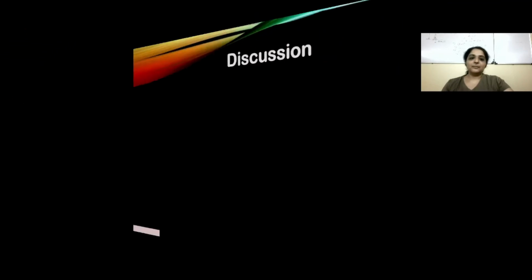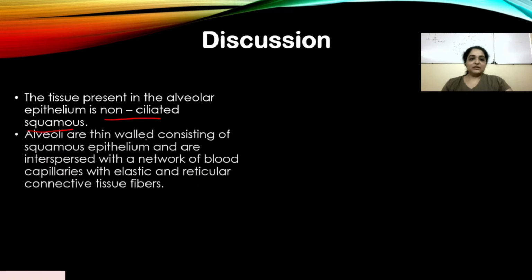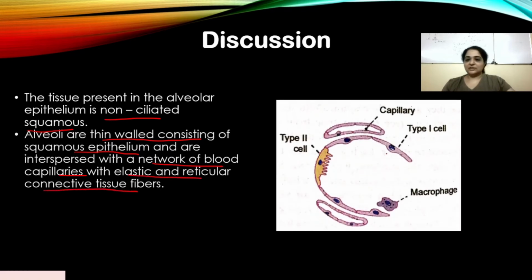Let's look at the explanation. The tissue present in the alveolar epithelium is non-ciliated squamous. The alveoli are very thin-walled, consisting of squamous epithelium, and are interspersed with a network of blood capillaries with elastic and reticular connective tissue fibers. Here you can see a diagram.